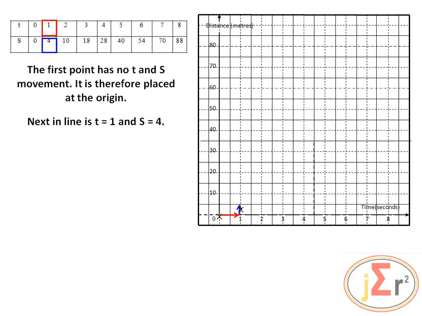And the point is placed right there. Now plot the point t is equal to 2 and s is equal to 10 as indicated right there. 2 for t and 10 for s. The point goes right there.